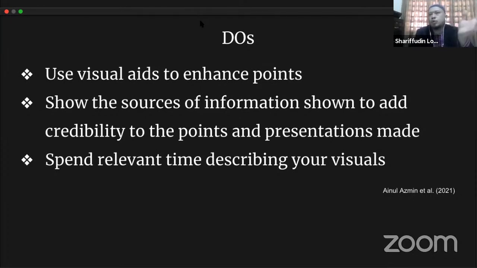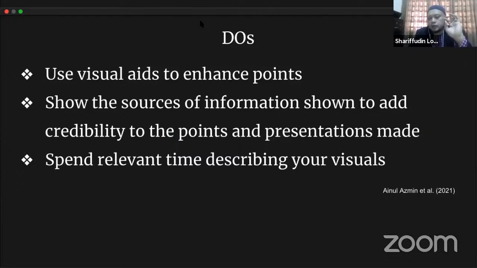So there's no reason ataupun orang nak question us kenapa kita guna material dia. Kita pinjam material dia dengan us giving acknowledge, ataupun kita bagi tahu daripada mana kita dapat ni.